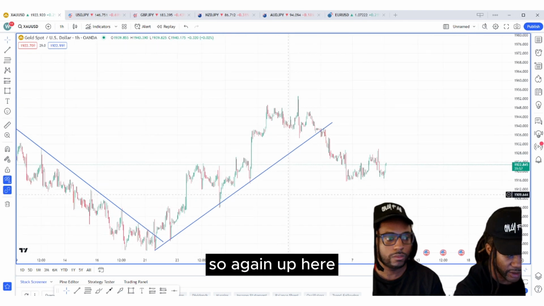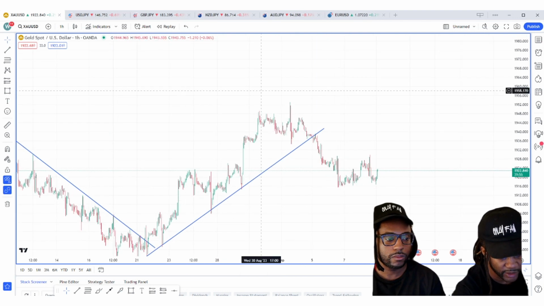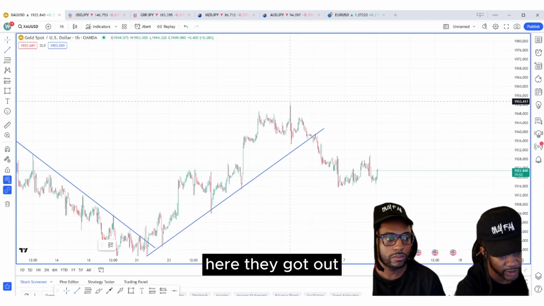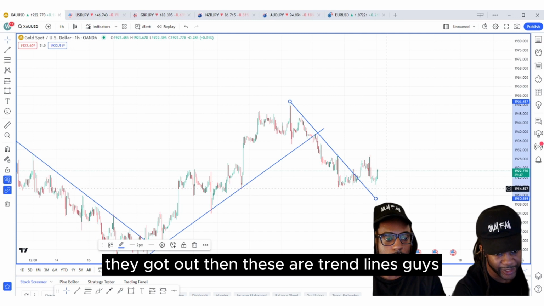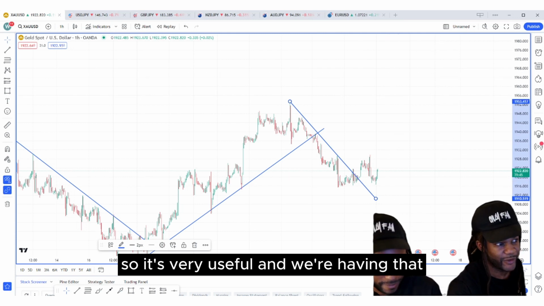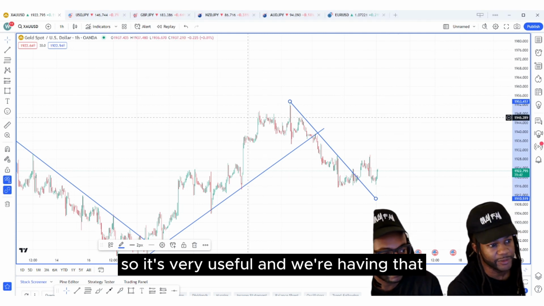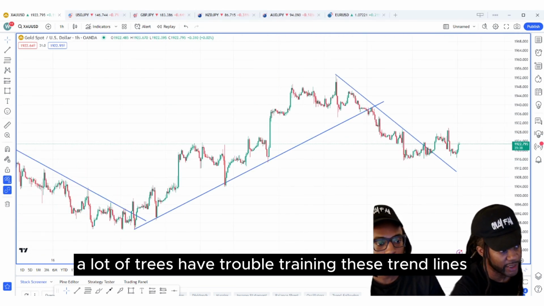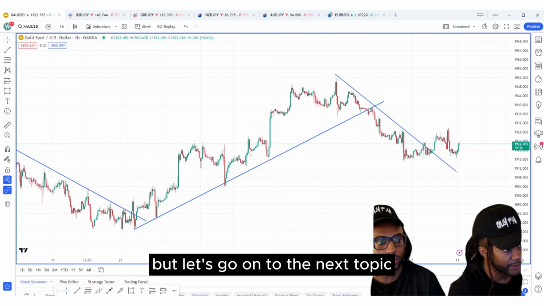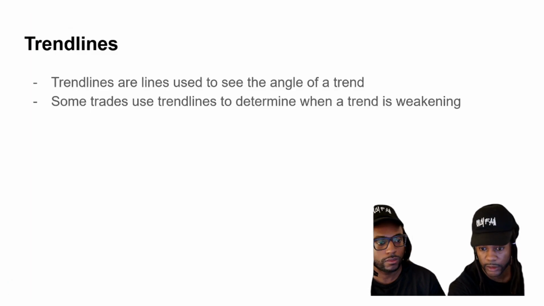And again, up here, they'll get out. And then right here, they got out. Boom. They started selling. These are trend lines, guys. It's very useful, and we're happy that you guys can learn it with us, because it's very tricky. A lot of traders have trouble trading these trend lines. But let's go into the next topic.